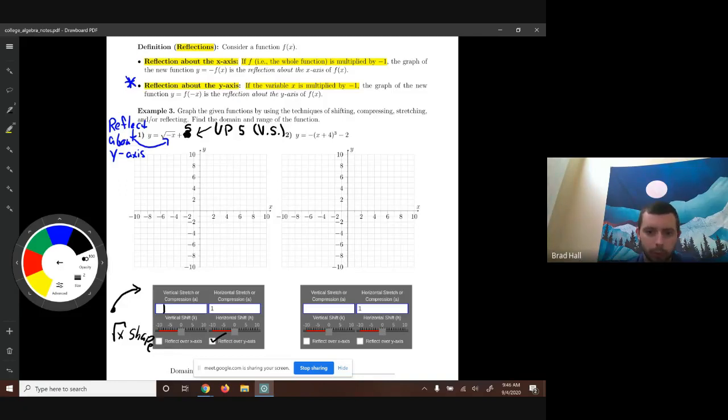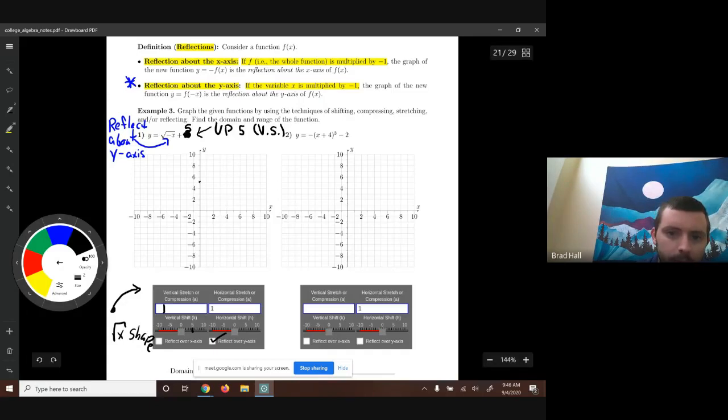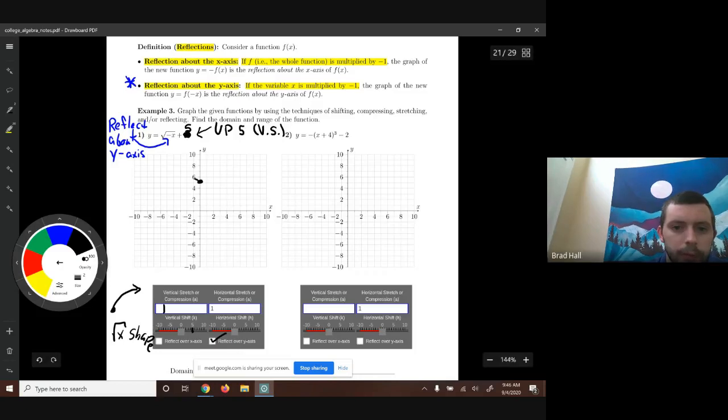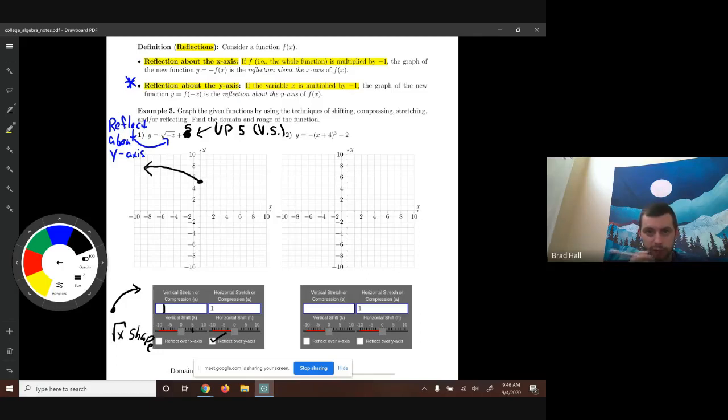And additionally, you move the slider over to up 5. If you do all of this correctly, you will end up getting this graph. The reason it's pointing in a different direction than the shape that I drew at the bottom is because we reflected about the y-axis.